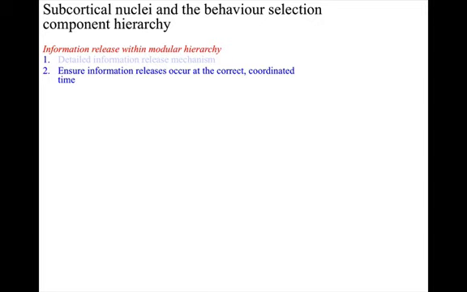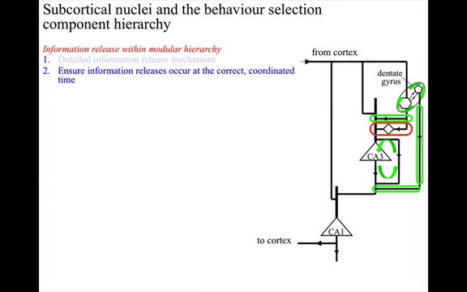And a final point about the behavior selection subsystem. Sometimes the exact timing of an information release may be critical. To give an example, think about the process for selecting the appropriate columns for receptive field expansion. Identifying the appropriate columns requires a competition process in the dentate gyrus and CA3.